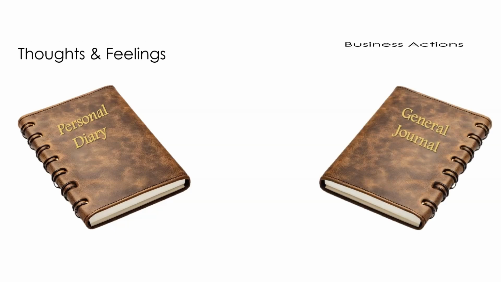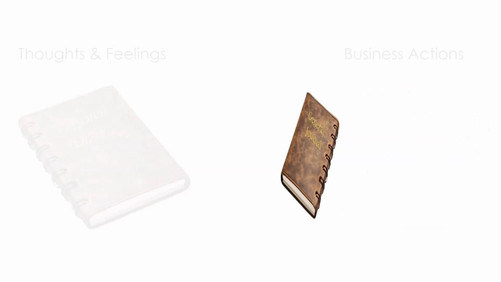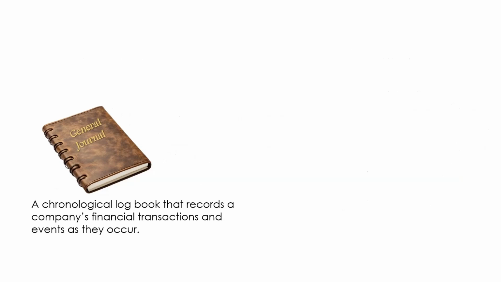Imagine you are keeping a personal diary, but instead of writing down your thoughts or feelings, you record every important action your business takes. That's exactly what a journal is, a chronological logbook where we document a company's financial transactions and events as they occur.